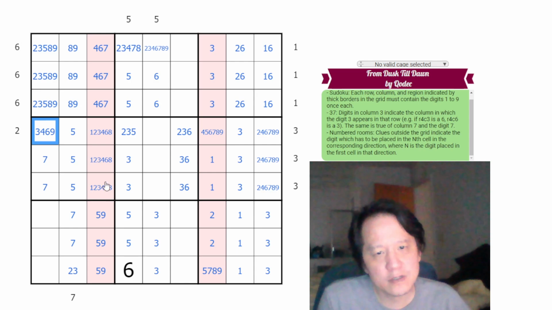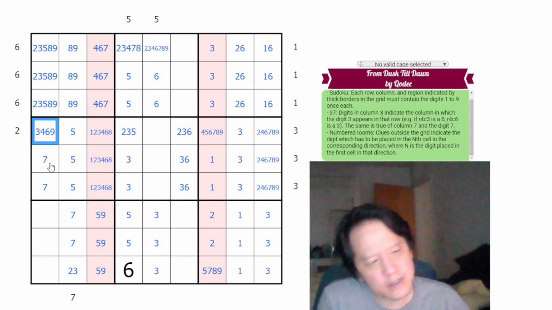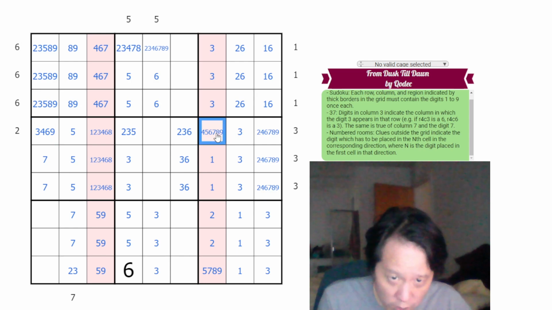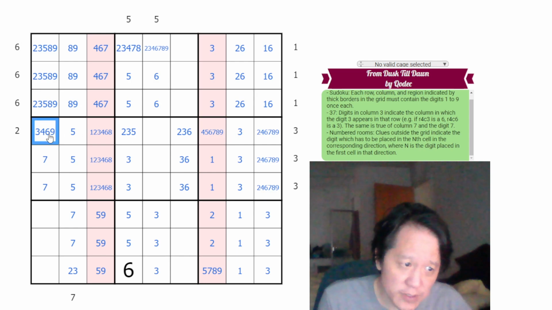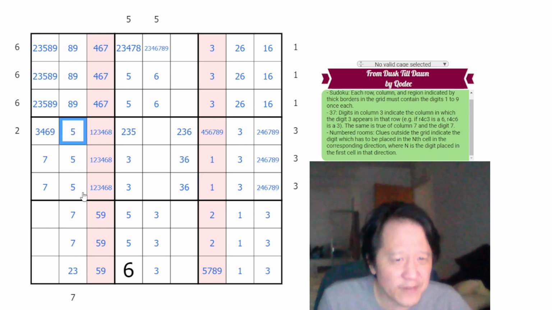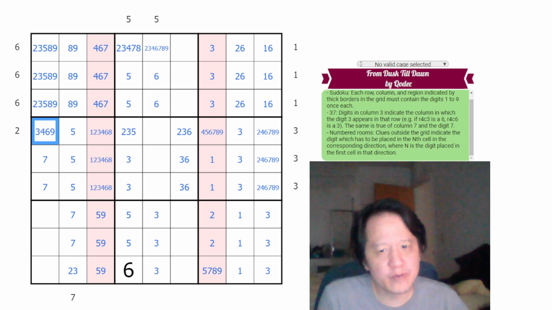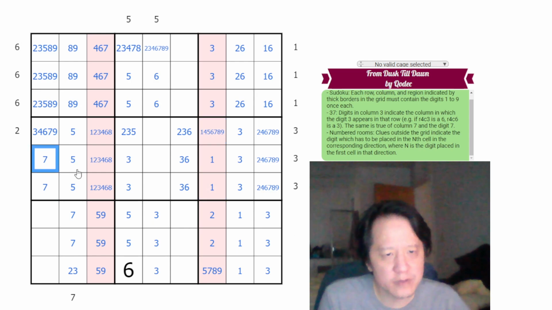Wait, no. If this is 1, this would have to be 7, which would mean the 2 is here. That seems like it would be fine, right? Yeah, maybe I messed up. So this would be 7, and this could be 1. This could be 1 also, then. The information is not very useful.